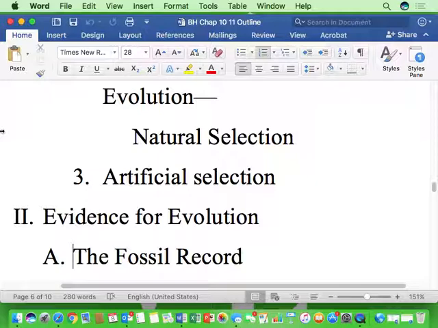Some evidence we have for evolution is the fossil record. We look back through the fossils and see organisms that are not exactly like the presently living organisms, but they're similar. Then we go back a little bit further and they're a little bit more different, and then a little bit more different.